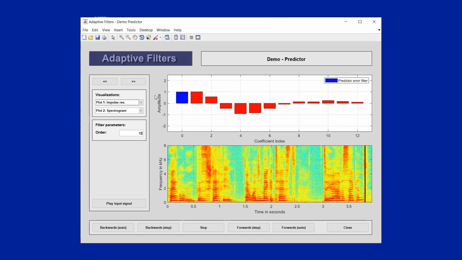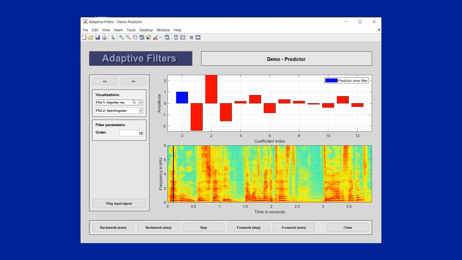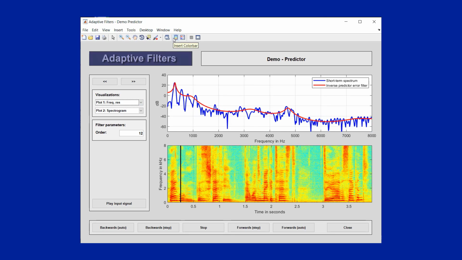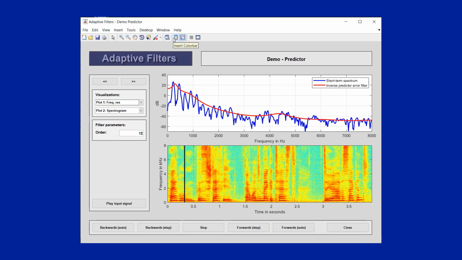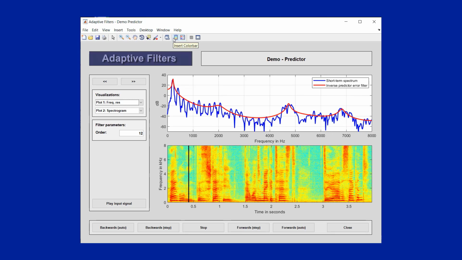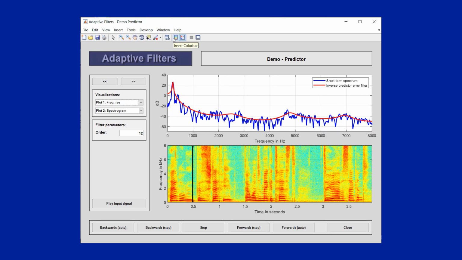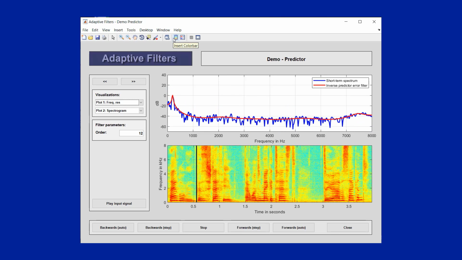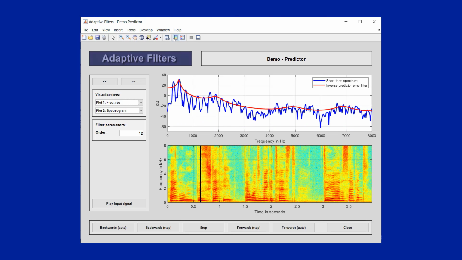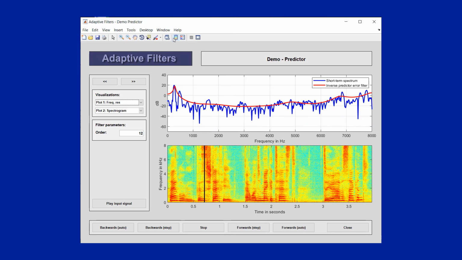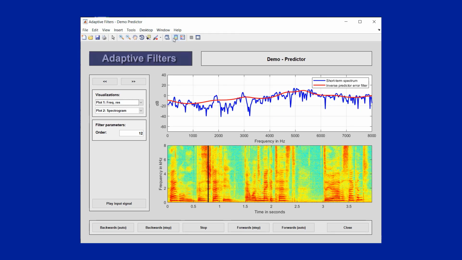Okay, we can also see that the coefficients change over time because we are working here in a frame-based fashion, and we can also look at what the frequency response looks like. You also see here in blue the spectrum of the actual speech signal, and you can see that we sort of estimate the envelope of the speech signal here.